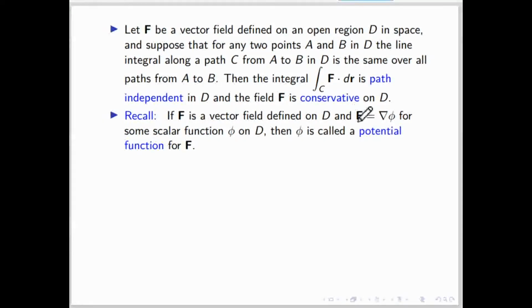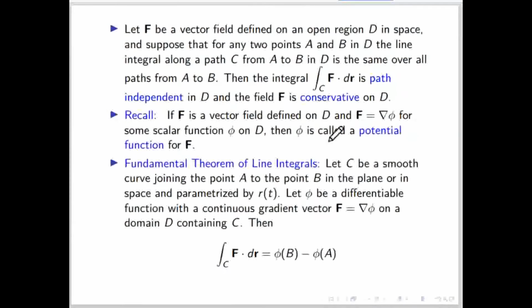And there is a relation between a conservative field and a potential function. If F equals grad phi, then it is a conservative field. That means it doesn't depend on the path. So that is the meaning. That is called the fundamental theorem of line integral.